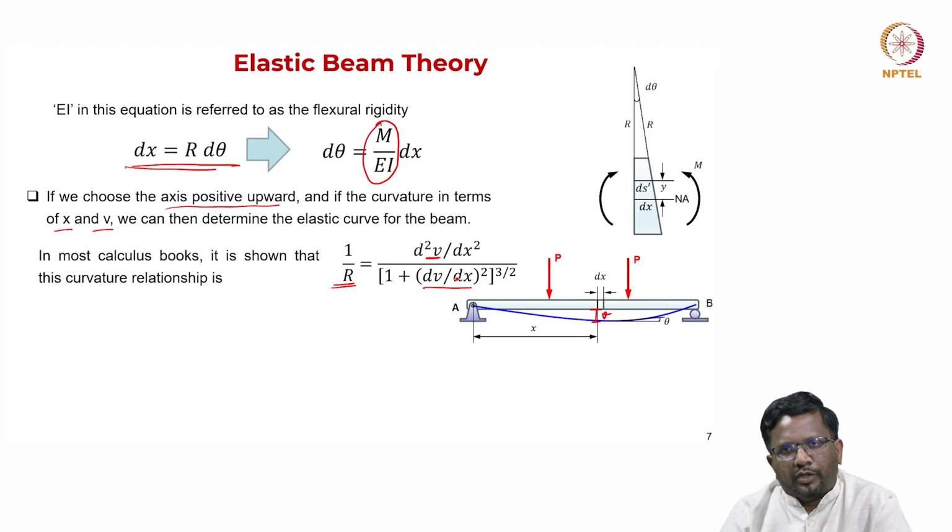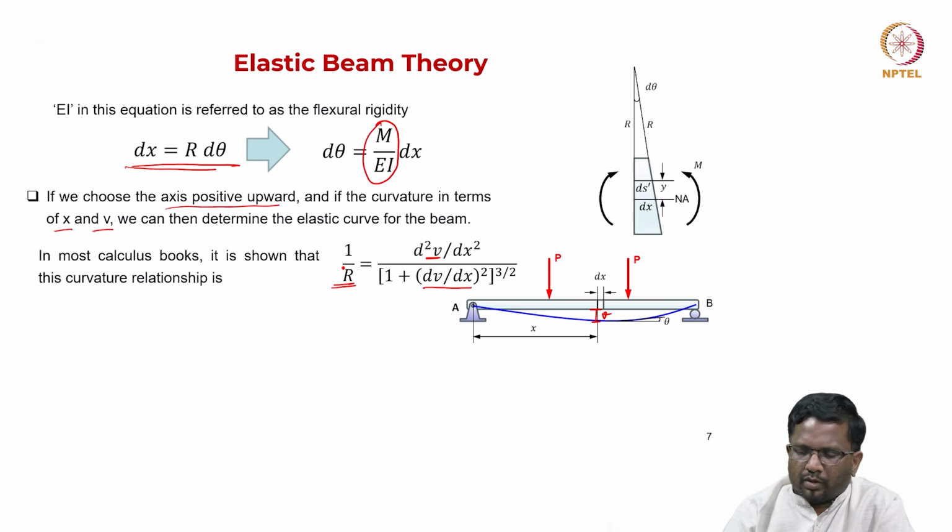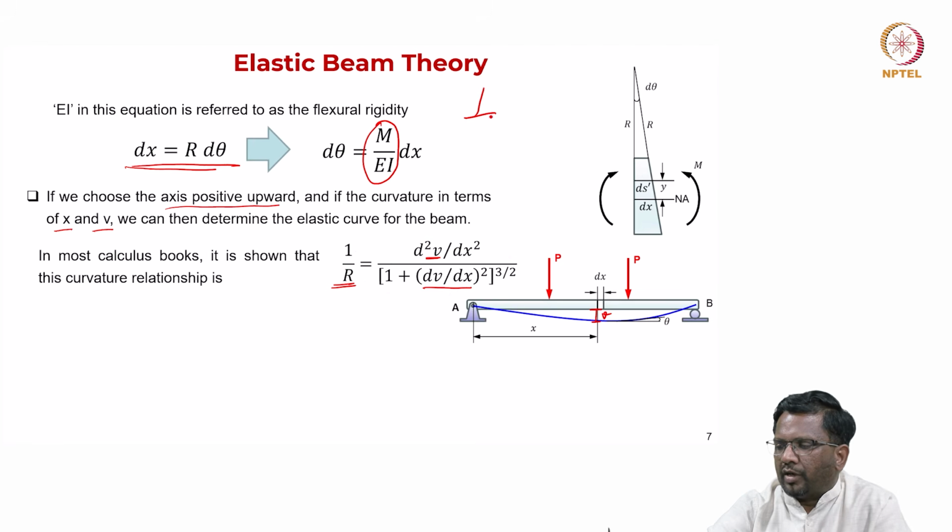In the strict sense, this is the equation for the curvature, okay. Again, 1 by r is curvature, r is radius of curvature, right.